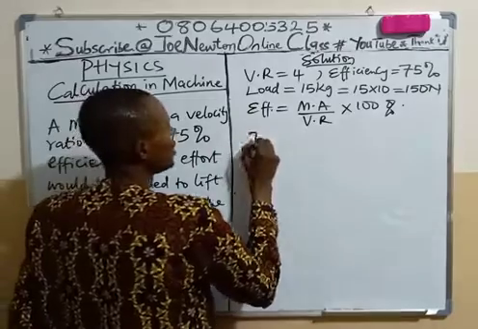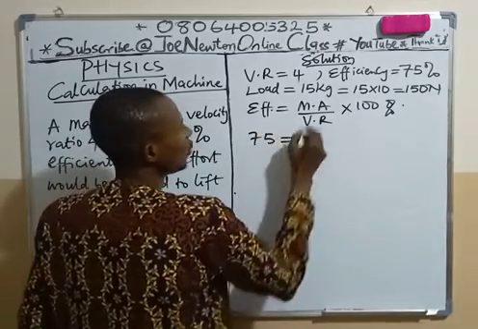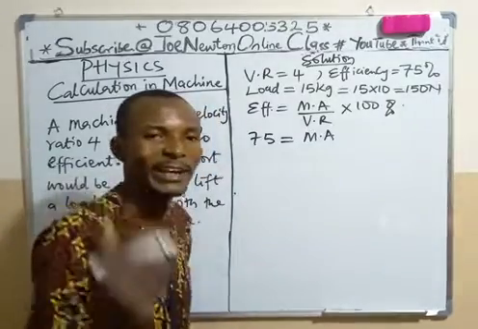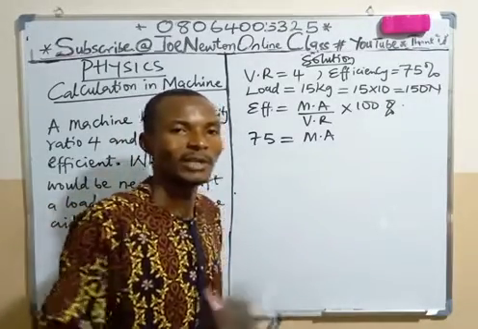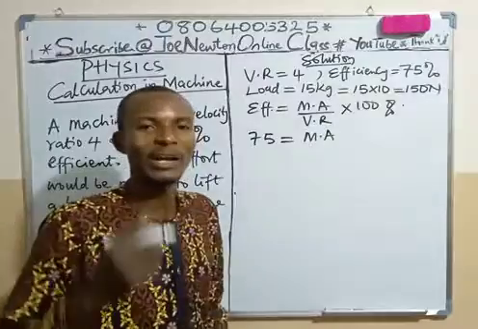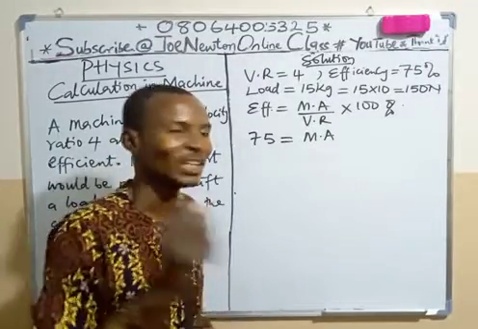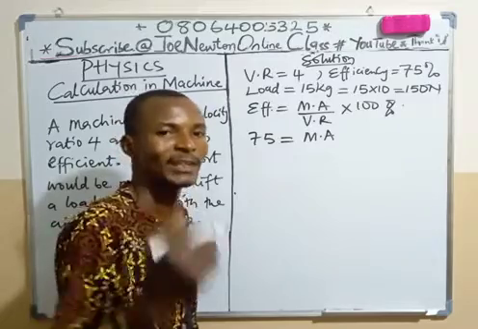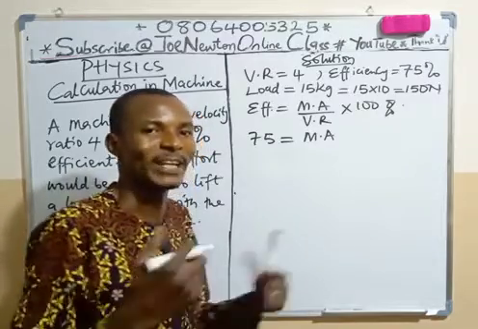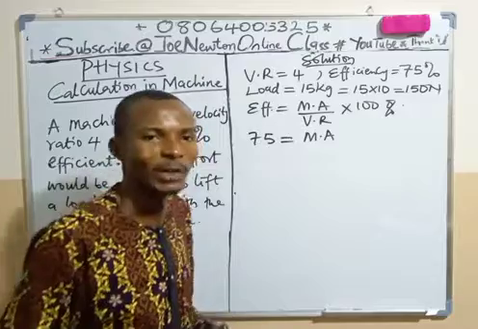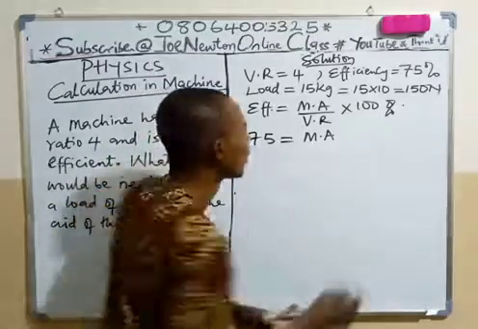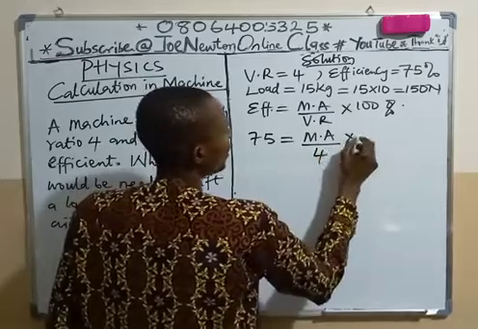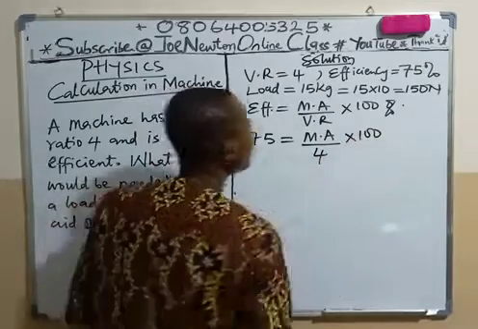So we have 75 is equal to MA, which is not given, because we cannot get the effort used to lift the load without knowing the mechanical advantage of the machine. So the first thing is for us to calculate the mechanical advantage of the machine. With that, we can now obtain the effort. MA over velocity ratio is given as 4, times 100.